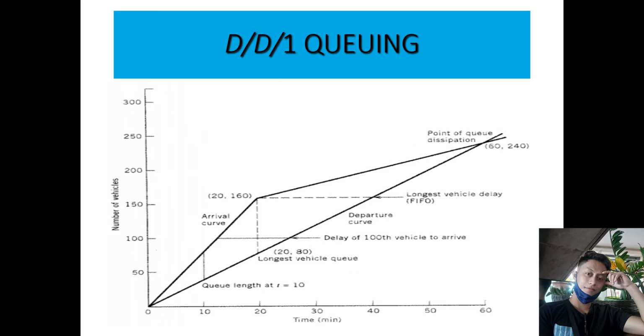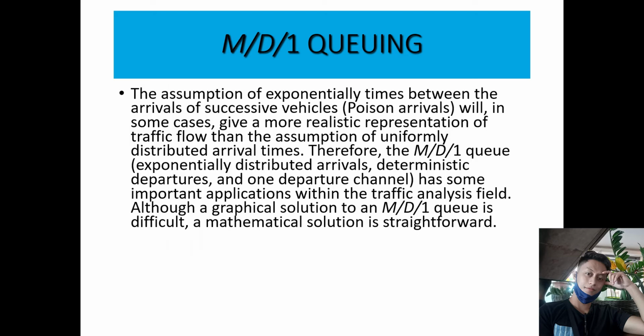And we are about to discuss the M/D/1 queuing. The assumption of exponentially distributed times between the arrivals of successive vehicles, or Poisson arrivals, will in some cases give a more realistic representation of traffic flow than the assumption of uniformly distributed arrival times.